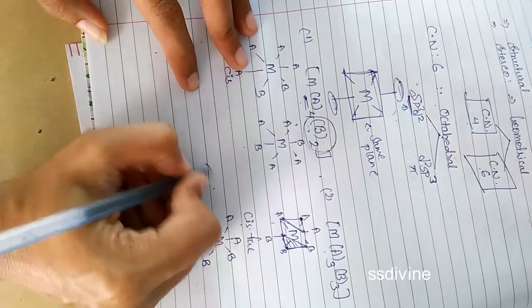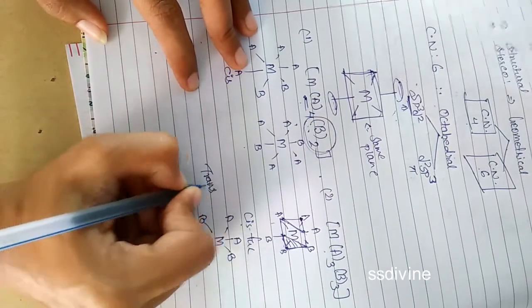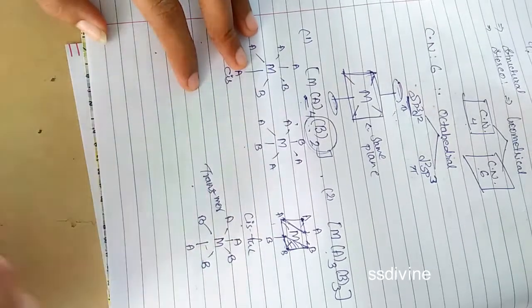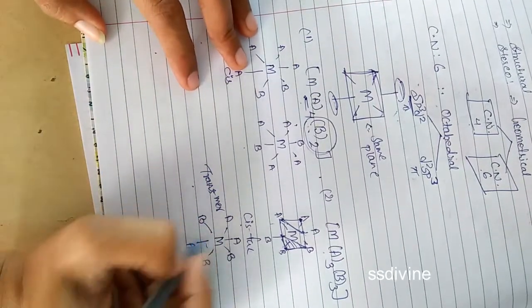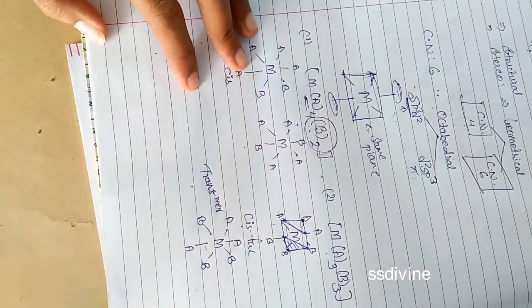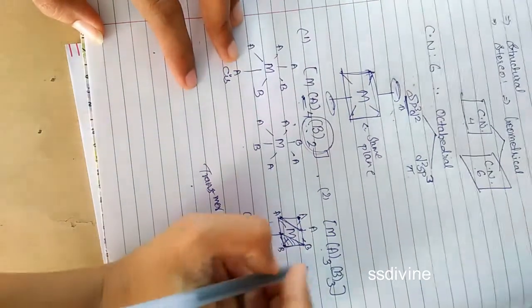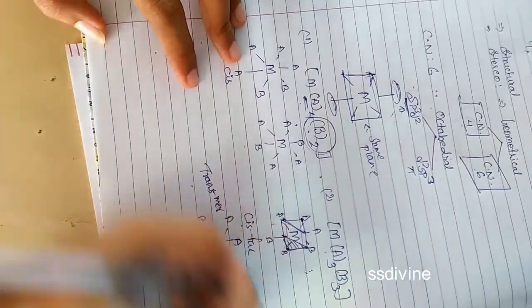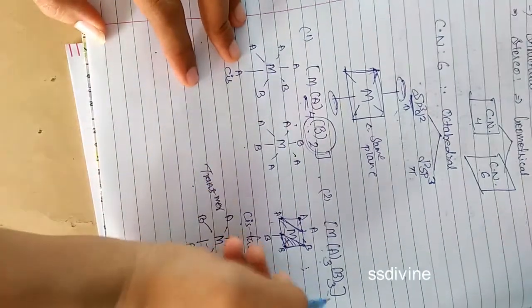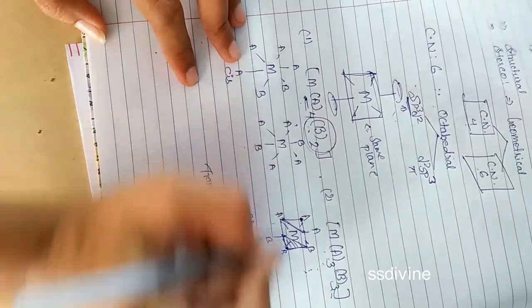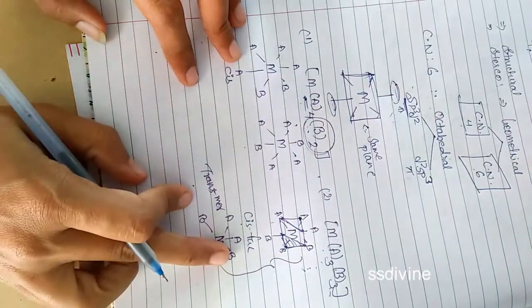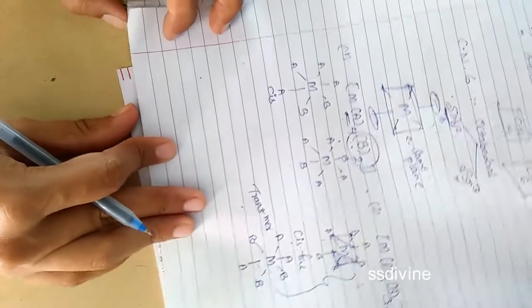So this is your trans, and we will call it mer isomer. Why? Because they are not in the same plane. If you join the points, they will not be in the same plane. So this is a very important example. If you are having two different types of ligands and they are repeating 3 times each, you will find this isomerism like this. Now let us take another example.